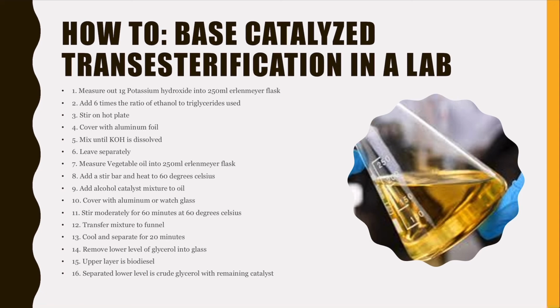Now you're going to stir moderately for 60 minutes at 60 degrees Celsius. You're going to then transfer the mixture to a funnel so that you can cool and separate for 20 minutes. You're going to remove the lower layer of glycerol into a glass. The upper layer that's left is biodiesel, and the separated lower layer is crude glycerol with remaining catalyst.